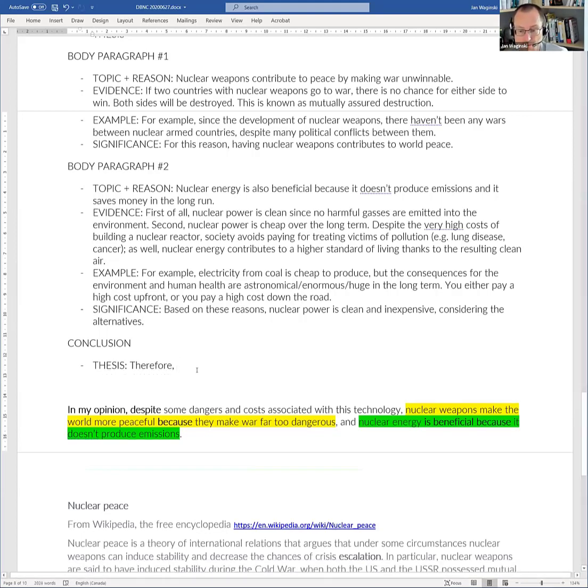Therefore, what's the first part? Nuclear weapons. Therefore, nuclear weapons will be safe. Keep going. Will be safe for our community or our world.